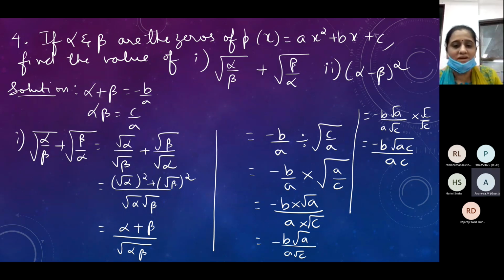Ma'am, but where is the minus sign? Yeah, that's what even I'm saying. Where's the minus sign? One minute. When I squared minus b by a the whole square, the subtraction symbol got cancelled. One minute. Sometimes it is possible that it can take both the values, plus or minus.